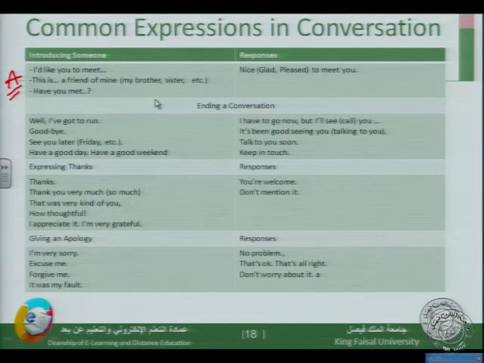Then the response might be, nice to meet you, or glad to meet you, pleased to meet you. Okay, and this is number B. Or if you want to end a conversation, you can say, well, I have to go, or I have got to run to my office.